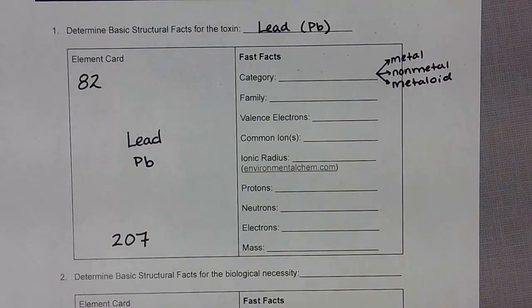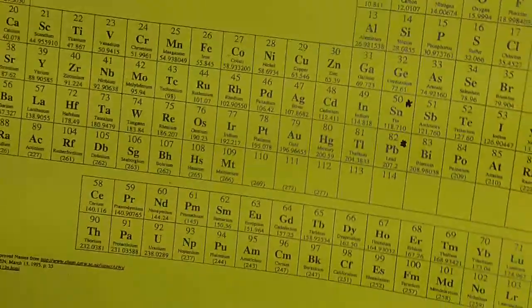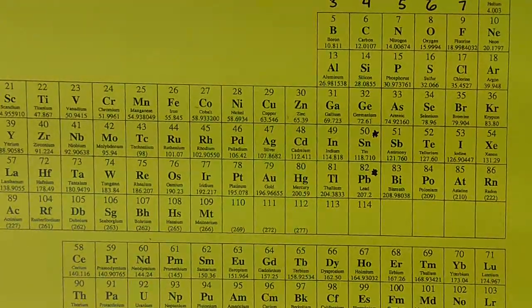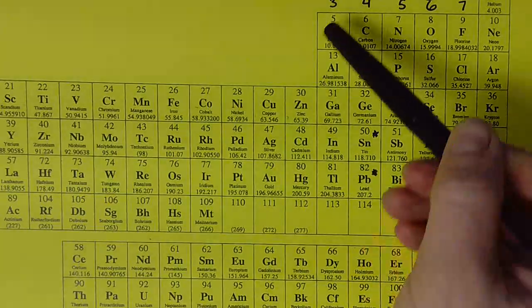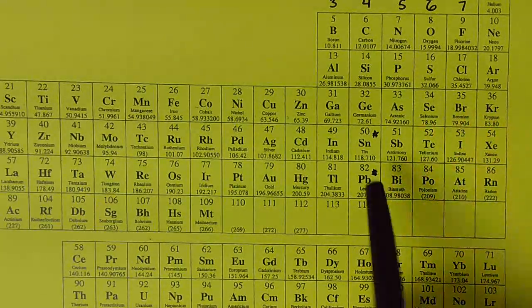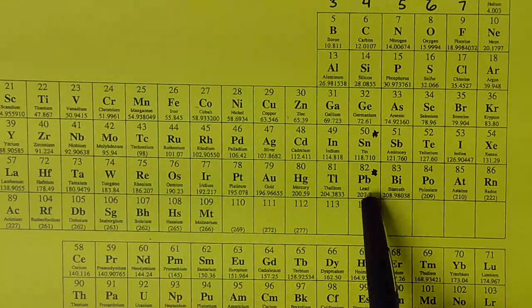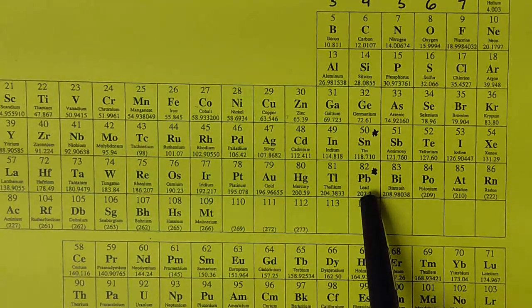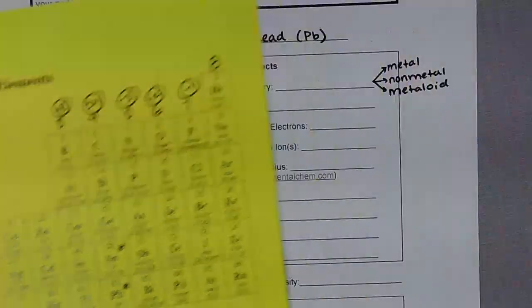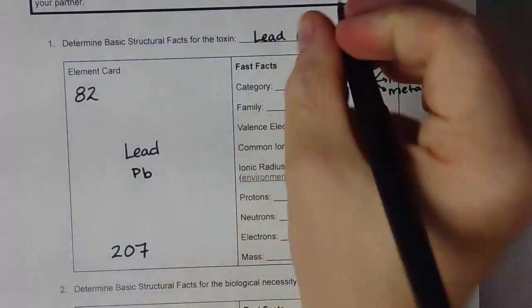And you can figure it out based on the coloring of the periodic table that you've done. Remember, mine is not colored in. Yours is, though, one you should have in front of you. Anything to the left of the staircase is a metal. Lead does fall left of the staircase, so it is going to be classified as a metal.